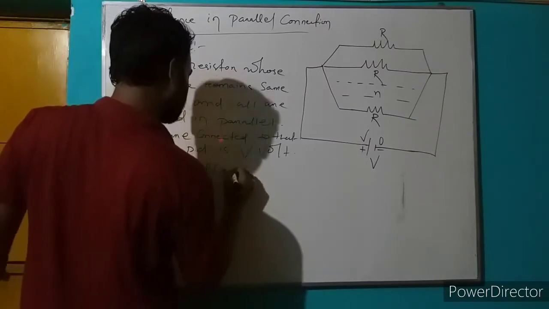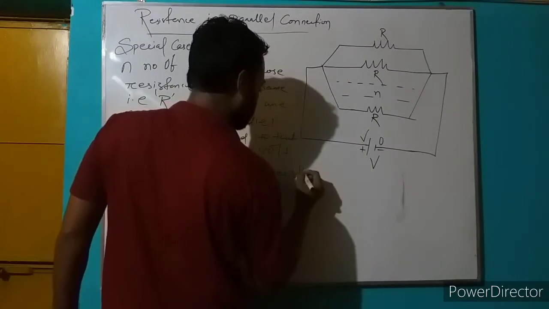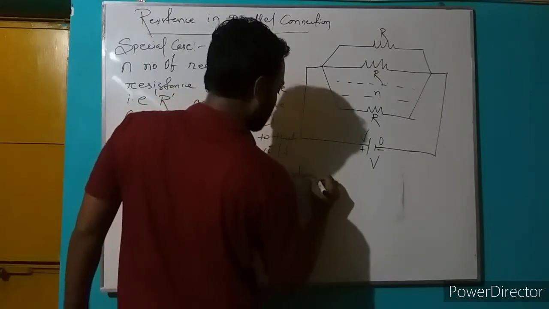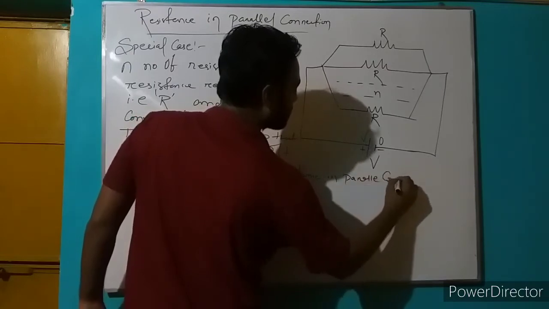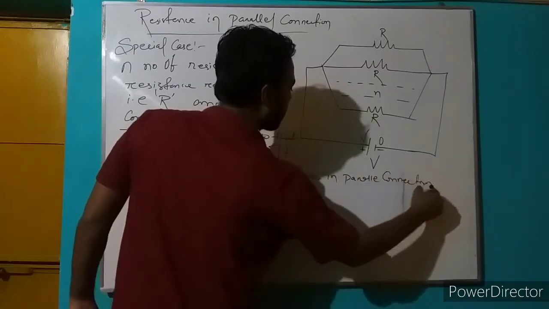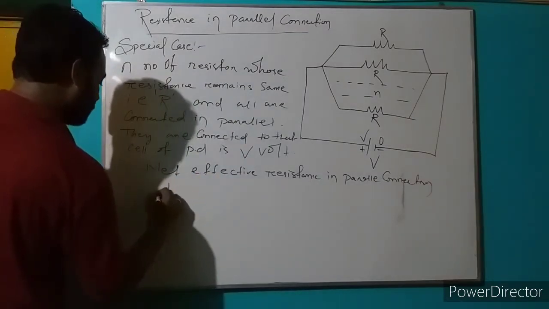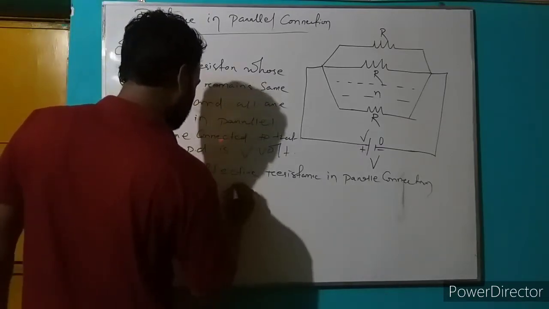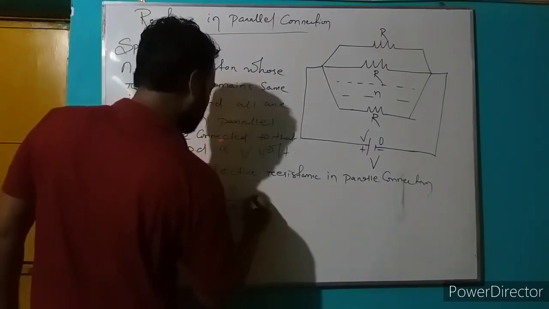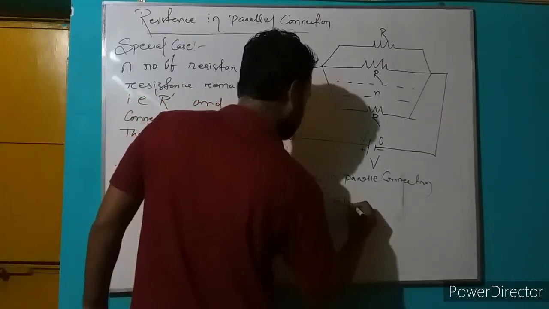in parallel connection, that is 1 by Re equals, here n number of resistors, that means 1 by R plus 1 by R plus dot n times.